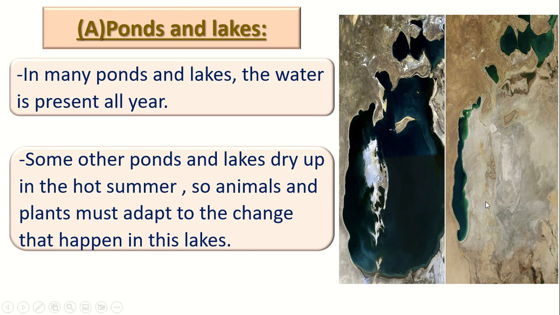What happened to the animals and plants which live in these lakes or ponds? They must adapt to the changes that happen in these lakes and ponds. So some lakes and ponds only dry up in hot summer, when the water evaporates.